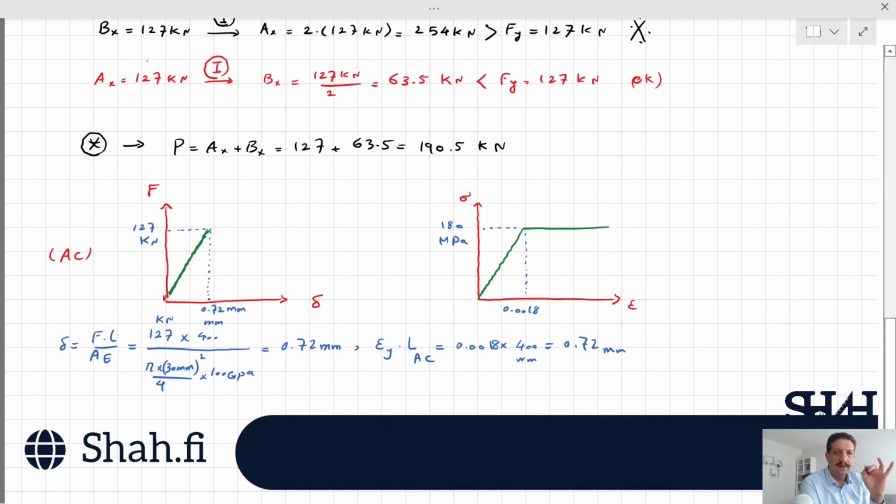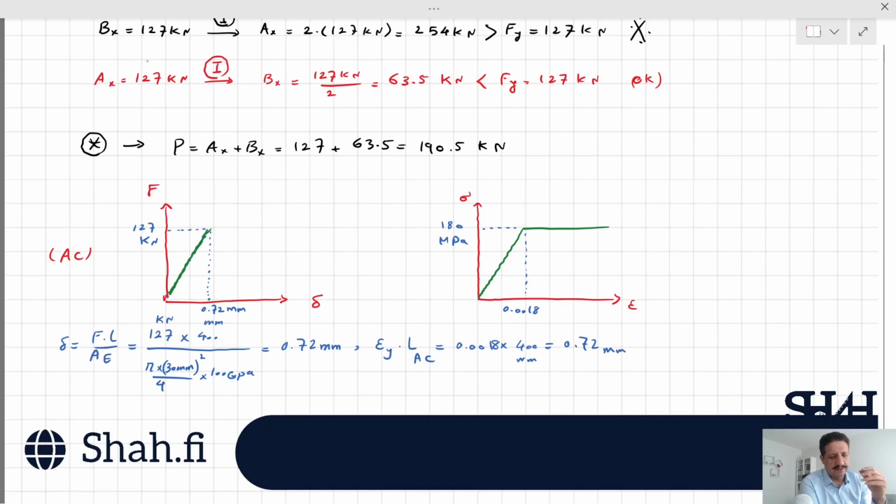If the element is not supported by any other rods, it starts and is perfectly plastic, starts to yield, and then it will deform.